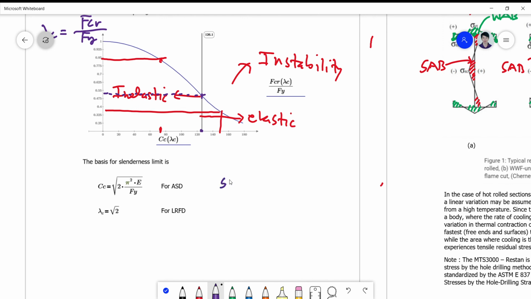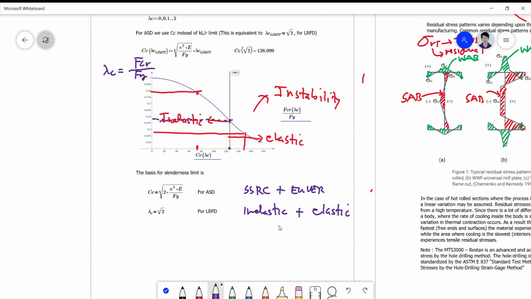So for ASD it is SSRC plus Euler, and for lambda sub c LRFD you will be getting the inelastic formula plus the elastic formula. Okay, so these formulas are not yet derived, so I will be deriving this formula for LRFD on the next video. Thank you very much.